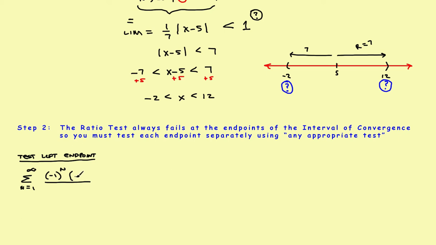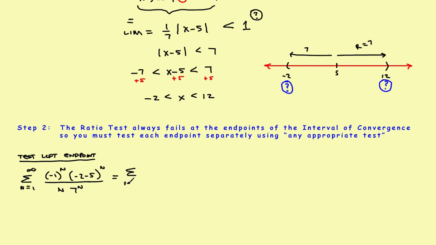So in place of x, plug in -2 minus 5 to the n power, divided by n times 7 to the n. Now you want to figure out whether this particular series converges or diverges.